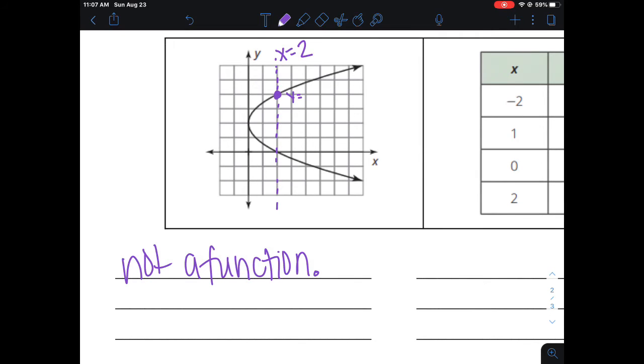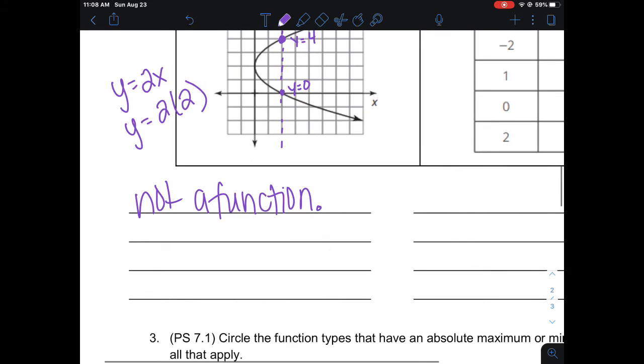We have y equaling 4, and y equals 0. Meaning if I plugged 2 in for x into an equation, like y equals 2x, I plug in 2 for x, y equals 2 times 2. And this function is saying, well, you could get out a 4, or sometimes maybe you could get a 0. No, you can't have that happen. You plug something in, you only get one answer out. The answer is 4. It'll never be 0. So this one's not a function.